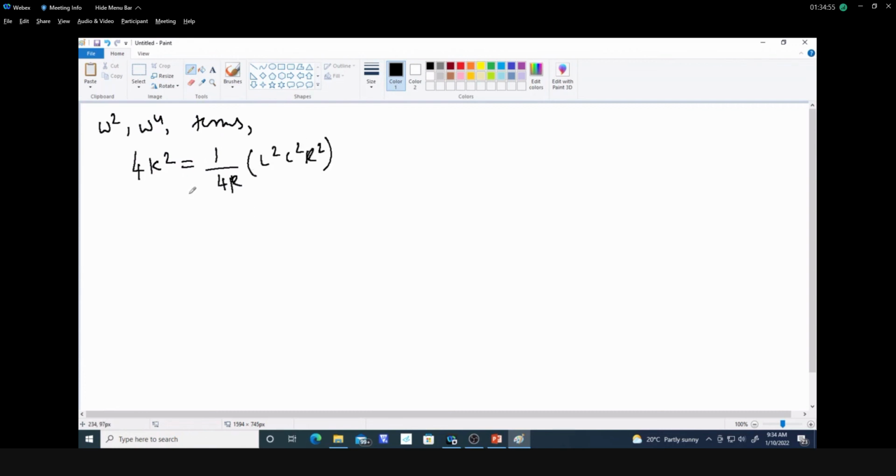This is the coefficient of omega power 4. Similarly we get minus 4k square for omega power 2, which is nothing but 1 by 4r into r square c square plus l square minus 2lcr. This is for omega power 2.